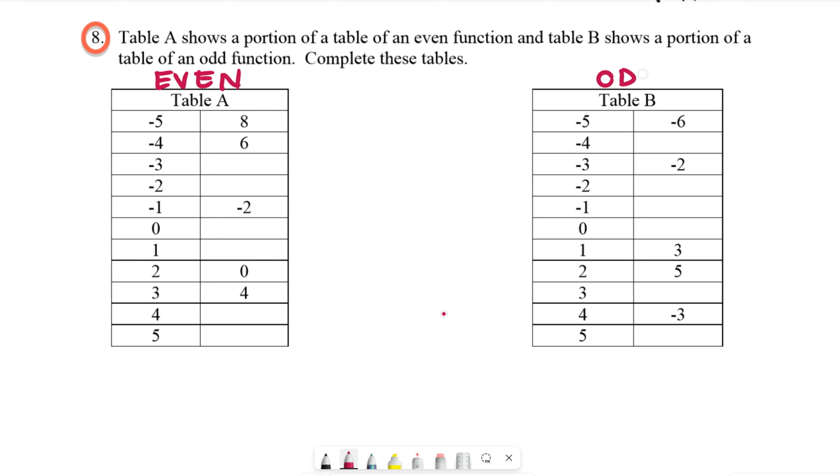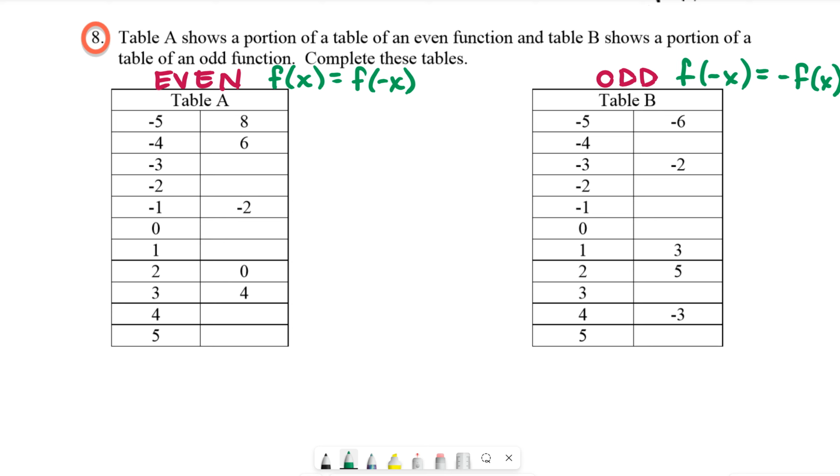I would like you to take the time and fill out the table with the missing values now that you know the characteristics of each. So pause the video now and we'll get going with the answers.